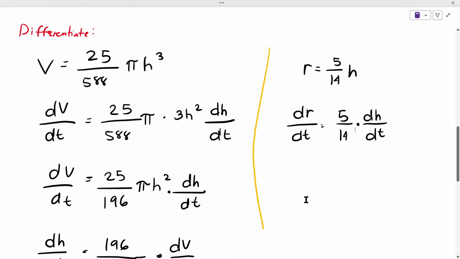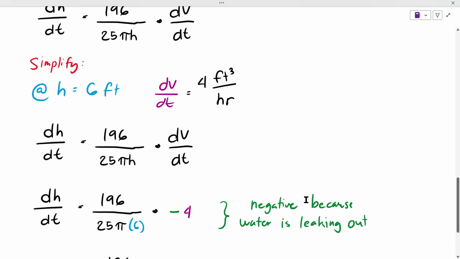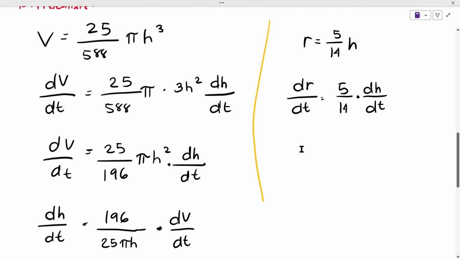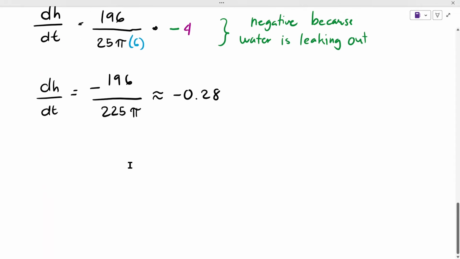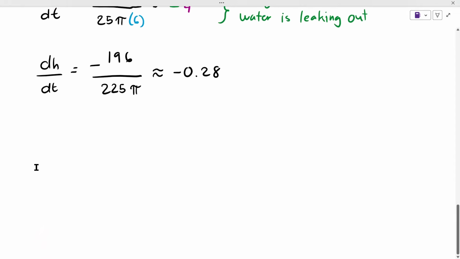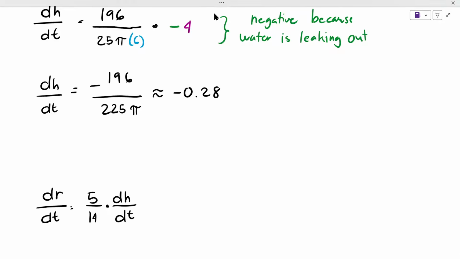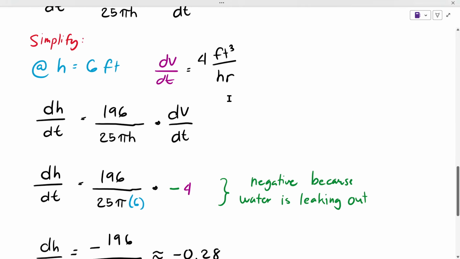Okay, so let's simplify it. Actually, there's no need to use the 6 feet here.